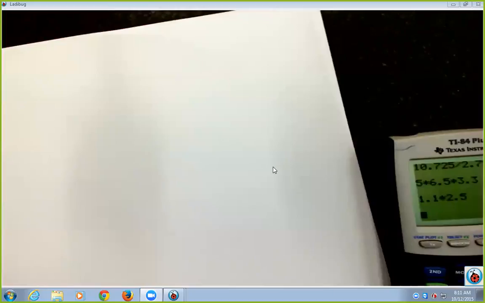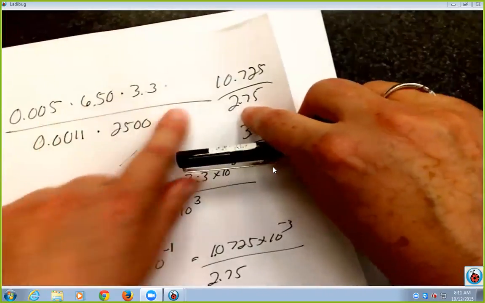Okay, still like it. I mean, the only difference with this one is this one didn't have as many decimals in it. The one that you're looking at is this one.